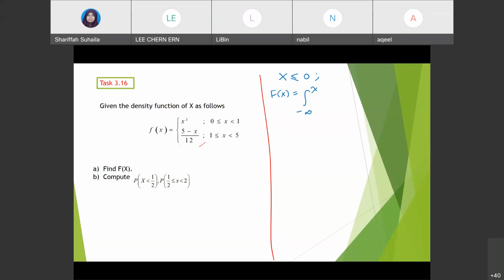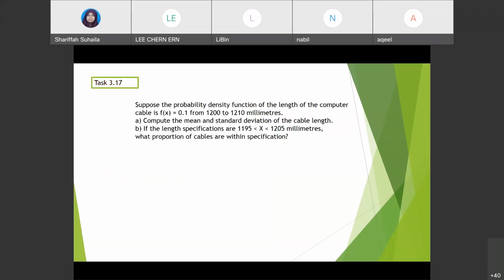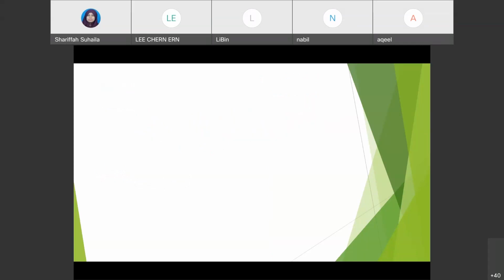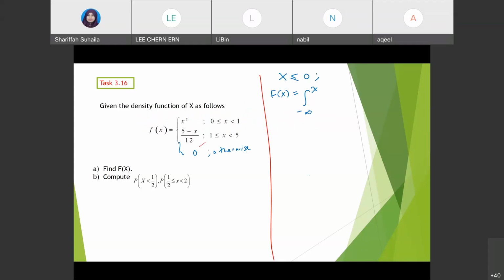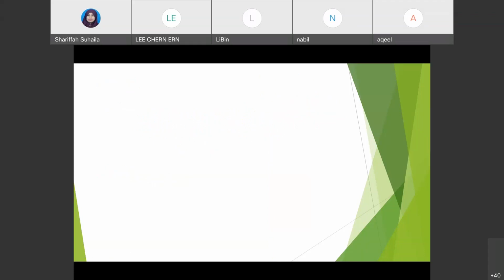Tambah satu lagi lah, 0 otherwise. So you will have here 0 density, so 0. And then 0. Okay, kita follow je yang tu.